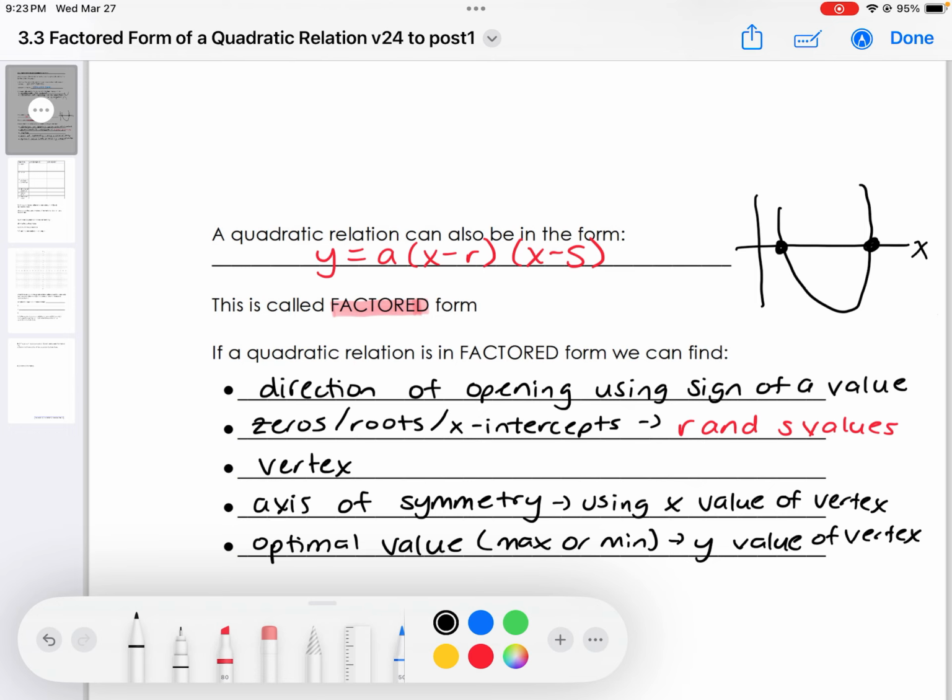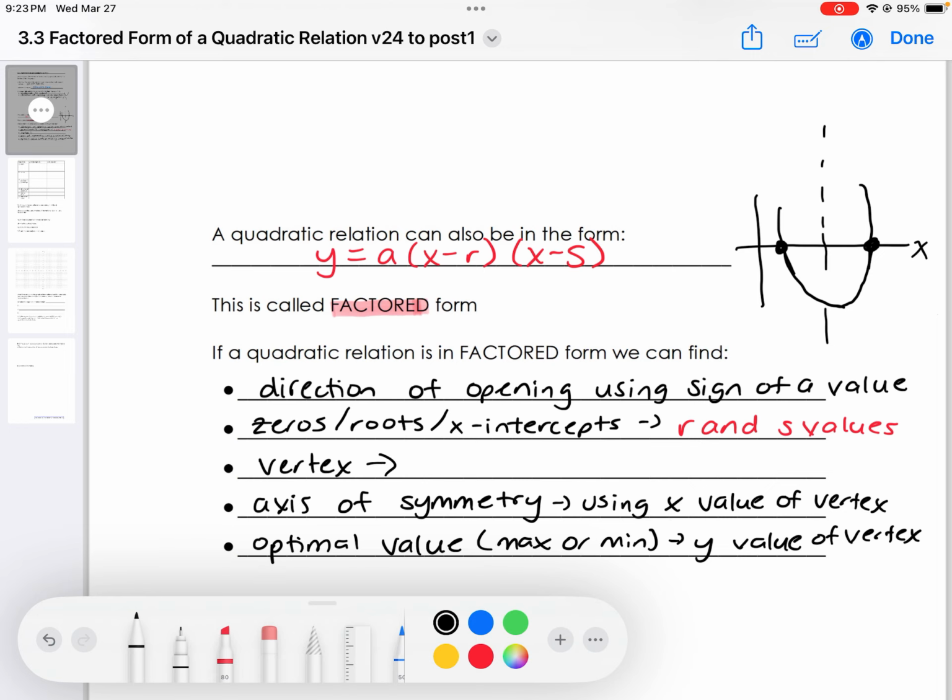And of course, we want to have symmetry, even though my parabola is terrible here. So the parabola has to be cut right in half. When you're cutting something in half, essentially you are finding the midpoint.